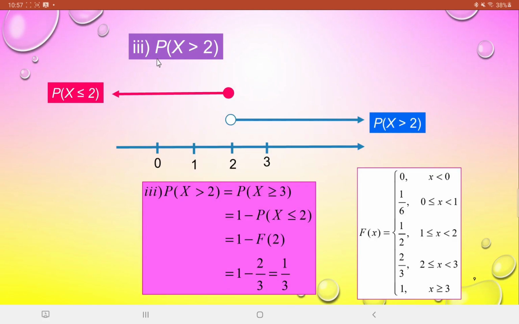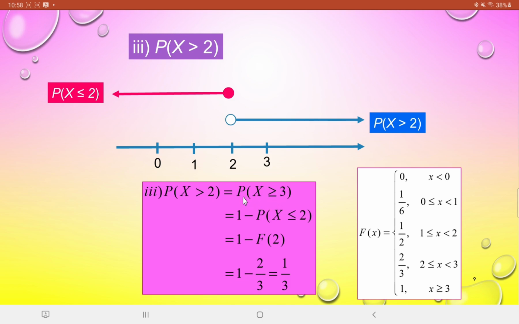Next, find the probability x more than 2. Okay, to solve this question, we know probability x more than 2 is equal to probability x more than or equal to 3.